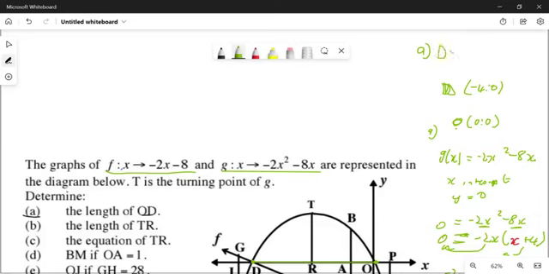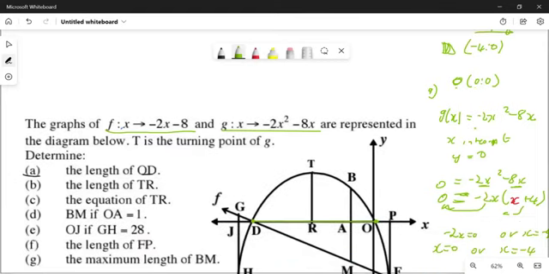So OD is given as 0 minus open bracket minus 4. We start with 0 and then minus open bracket minus 4. A negative and a negative are going to give us what? Positive 4.